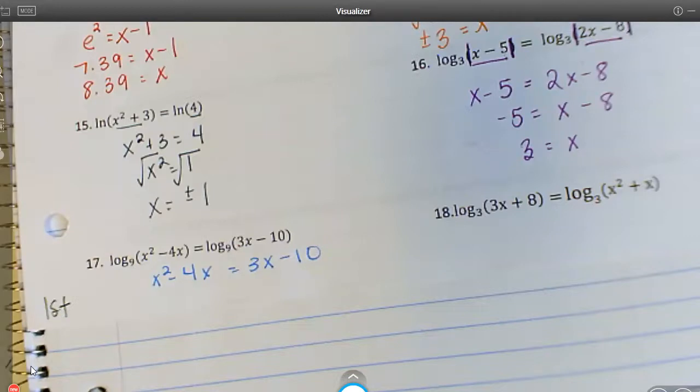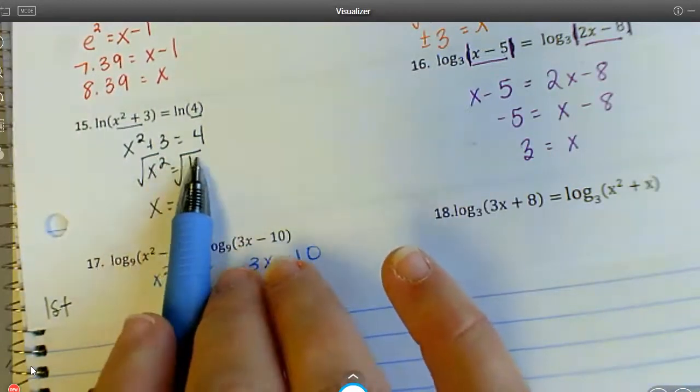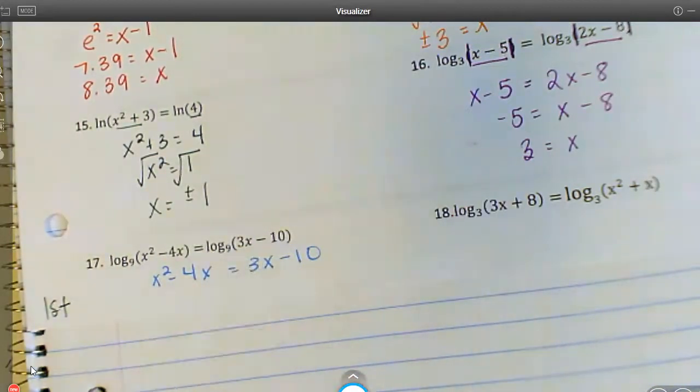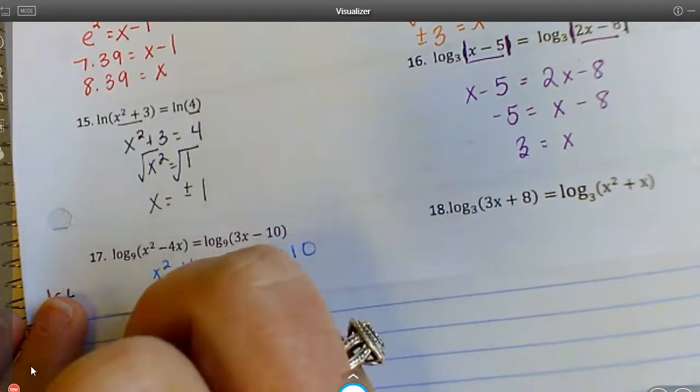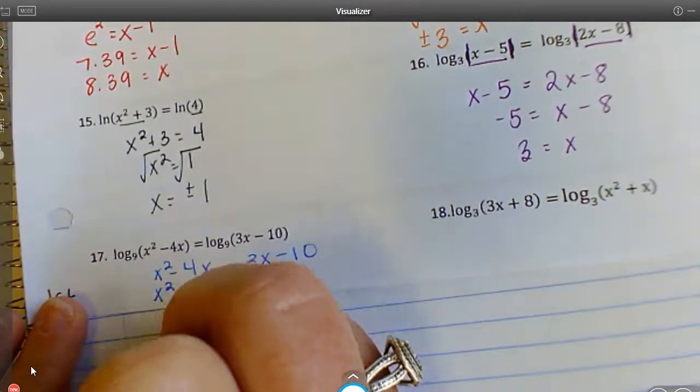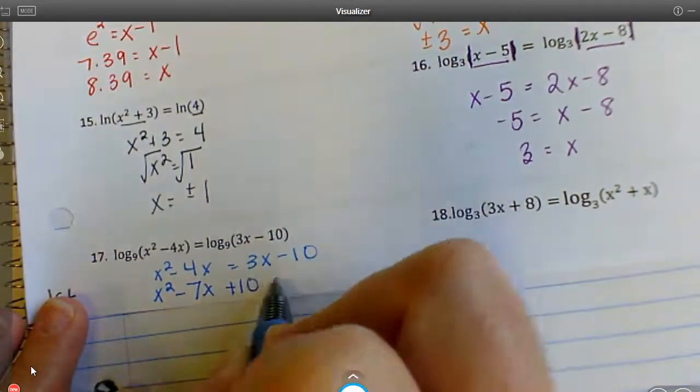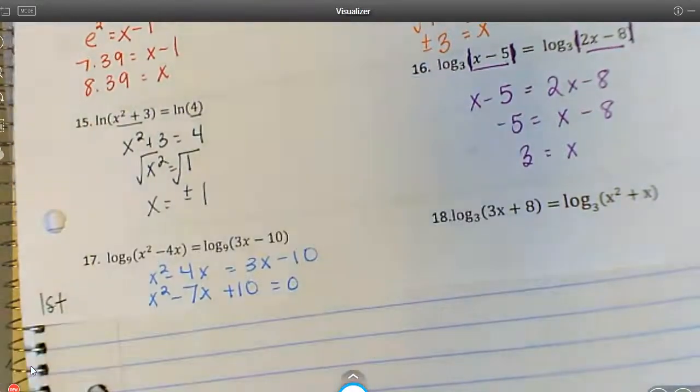Because I have x squared and because I have x, I can't just get the x's together and get the numbers together because I got a little bit of both. I need to get everything on one side. Okay? So I'm going to subtract 3x and I'm going to add 10. And I get x squared minus 7x plus 10 equals 0.